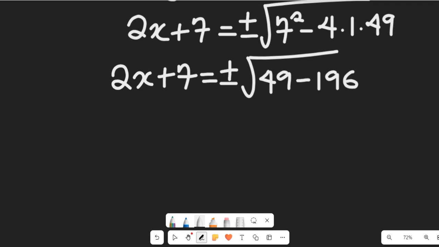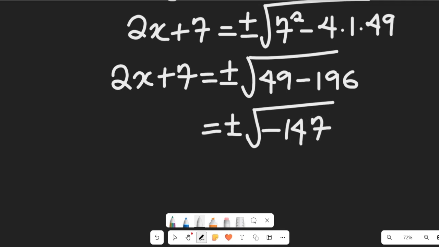So 49 minus 196 will be equal to plus or minus the square root of negative 147, right?